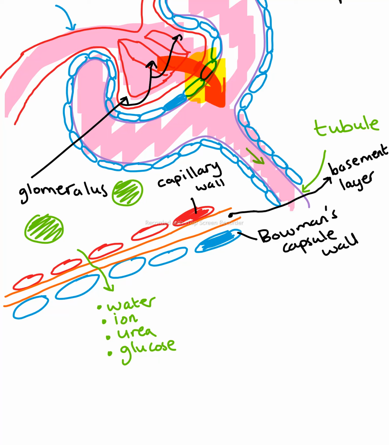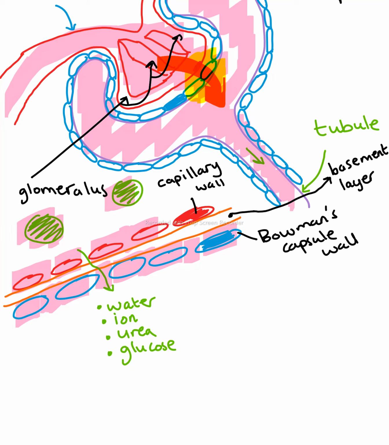Right, if we were to zoom in on this little bit, there's your Bowman's capsule cells, or the wall. It's got little gaps in to allow particles to diffuse through. There's your capillary wall. It's got gaps in to allow things to diffuse through.